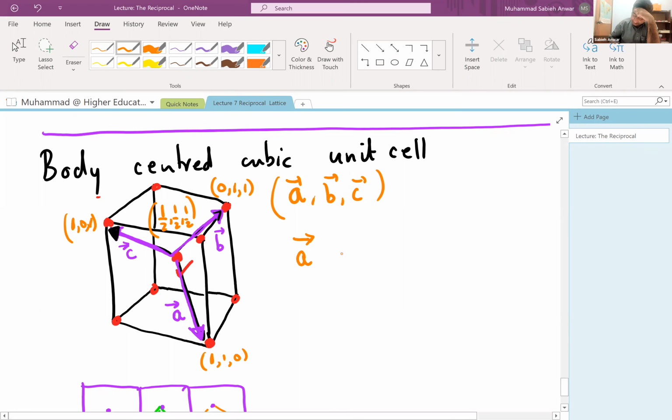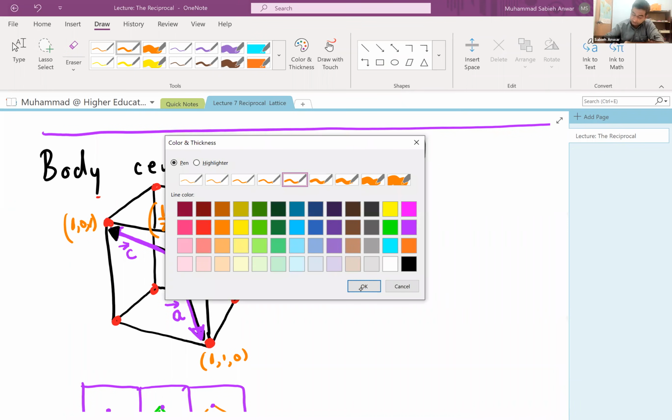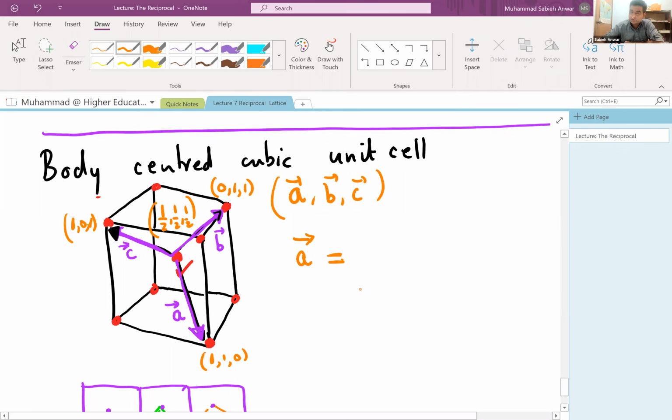So what is my vector A going to look like in terms of the fractional coordinates? How do I know? I take the final point minus the initial point. So 1 minus half is 1 half, 1 minus half is 1 half, and 0 minus half is minus half.